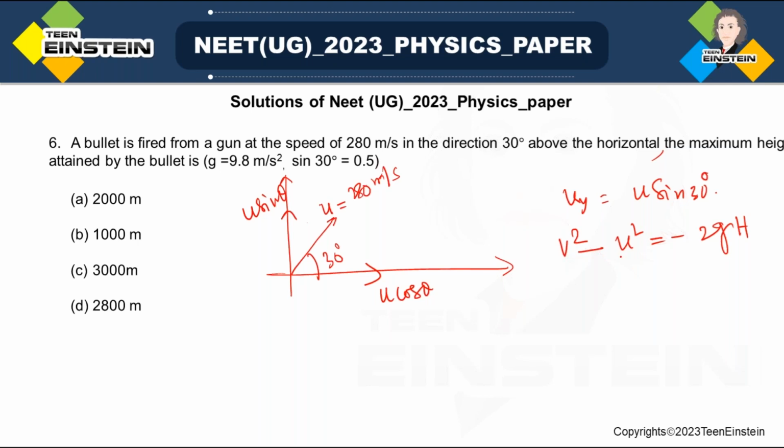Here the final velocity at maximum height will be 0. So we get u square is equal to 2 gh, or h is equal to u square by 2g. What is u square? Here uy, actually uy I should write. So uy is 280 cos of theta, that means cos of 30.